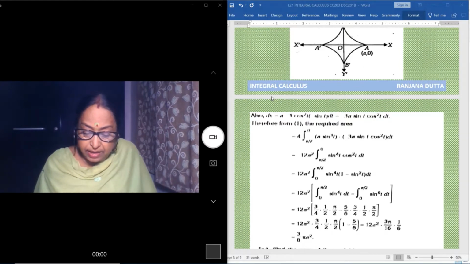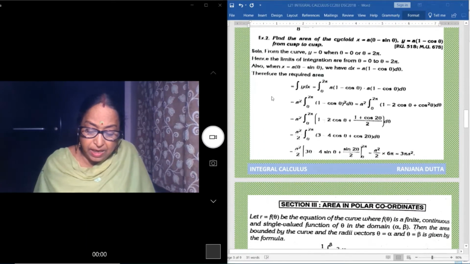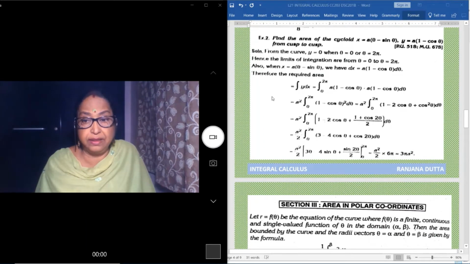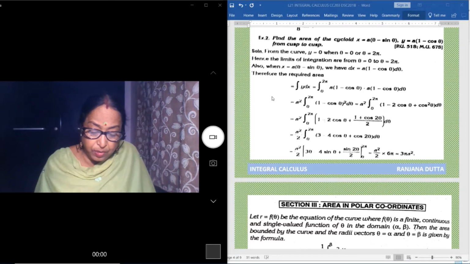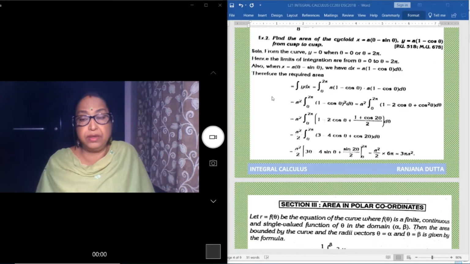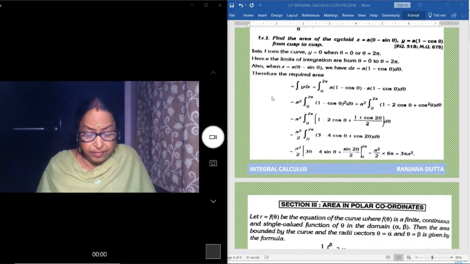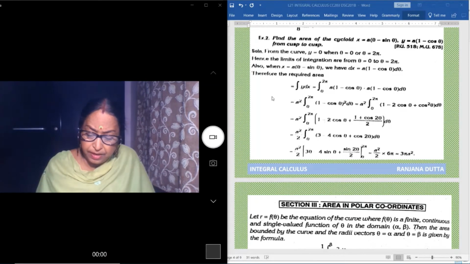Again, another example, x is equal to a theta minus sin theta. Here the parameter is theta. So y is equal to a into 1 minus cos theta. They have done it using the parameter, y into d theta.